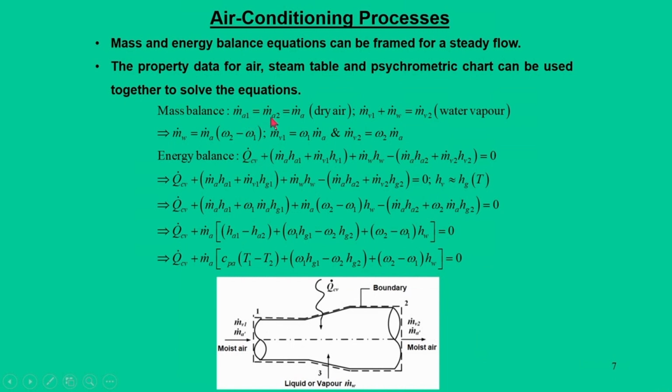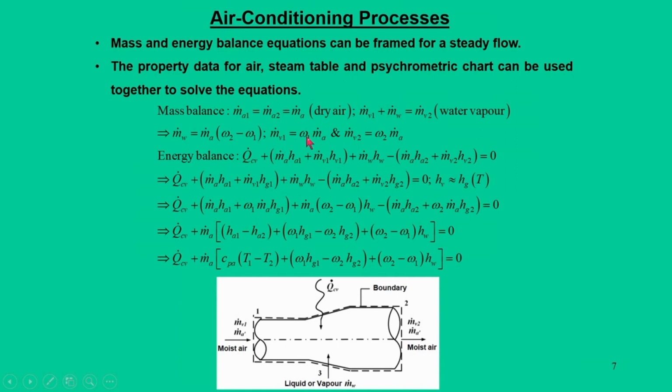So, m dot A is equal to m dot A1 is equal to m dot A2 is equal to m dot A. But what changes is the addition of water, and when you add water, the mass of water vapor increases. So, the mass of water vapor changes, and from the basic definition we can bring humidity ratio into account.